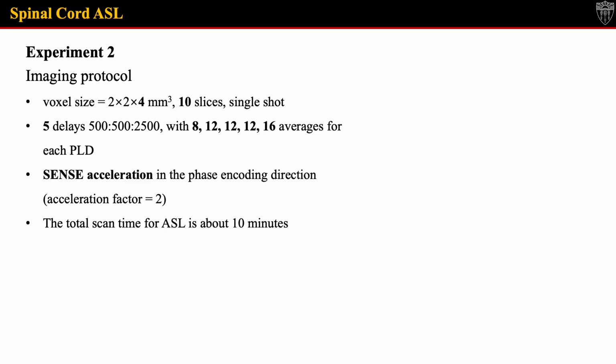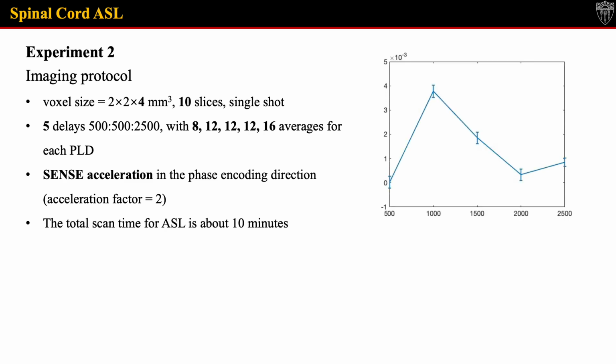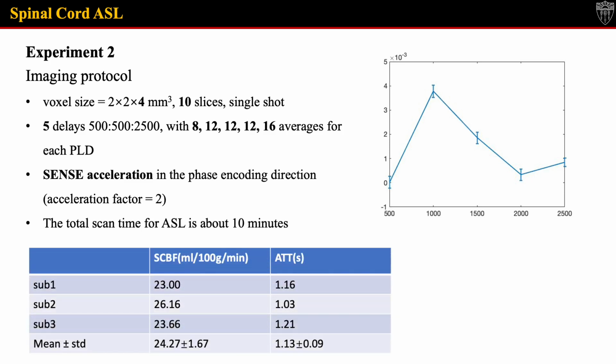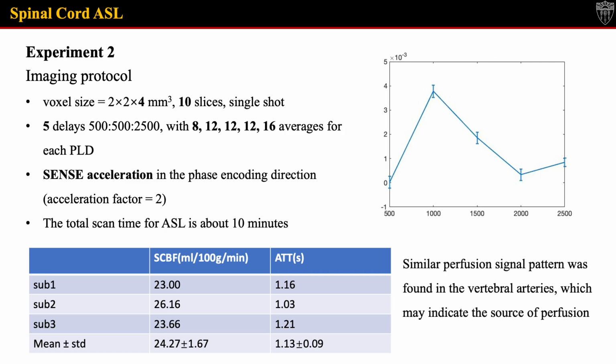The total scan time is about the same as experiment 1, but we can get higher SNR. We collected data from 3 subjects with optimized protocol, and the results showed only 1 peak at around a second. We think this result is more reliable as we also found a similar pattern of perfusion signal in the vertebral arteries, which may suggest a source of blood supply in the spinal cord.